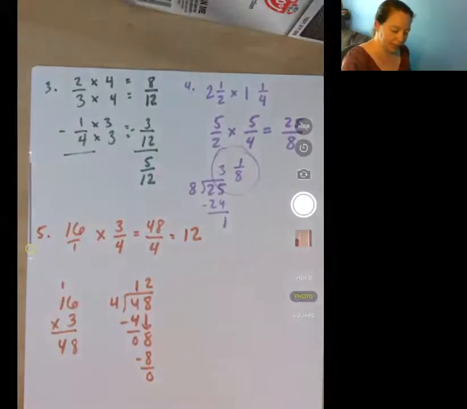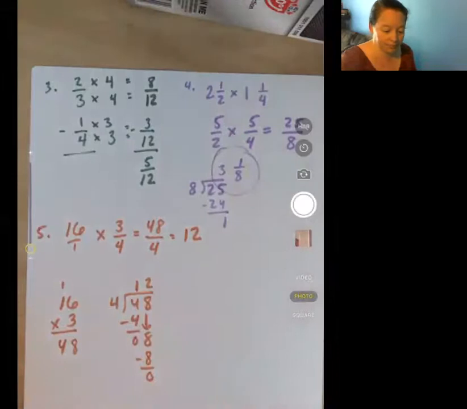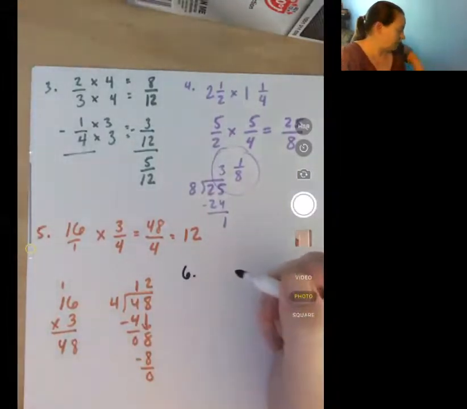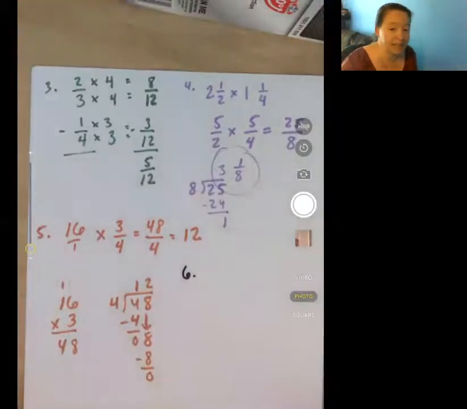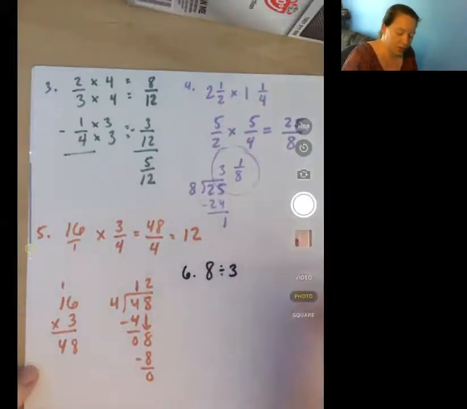And finally, number 6. Jamie has a board that is 8 feet long. He cuts the board into 3 equal pieces. How long is each piece? 8 divided by 3.